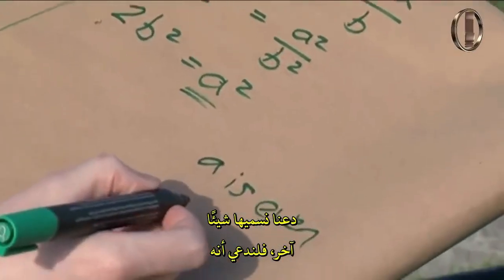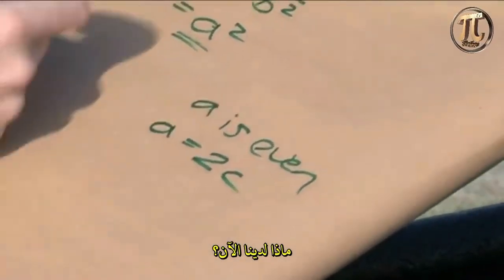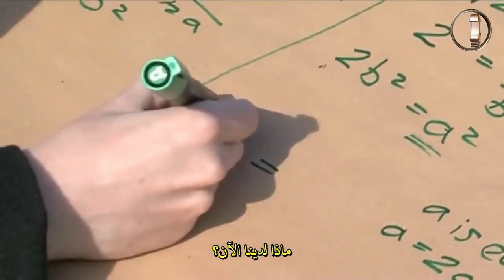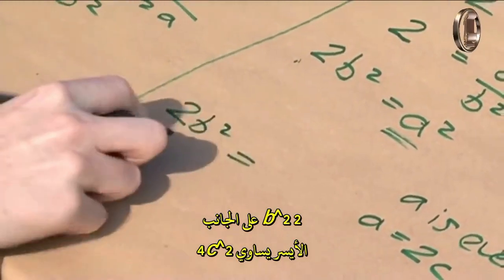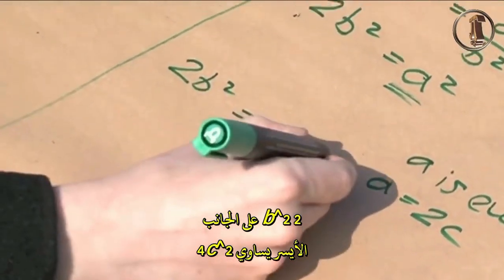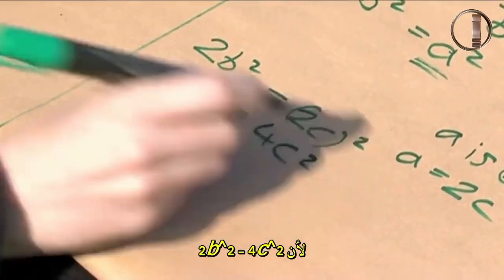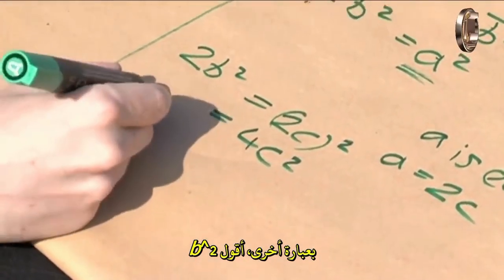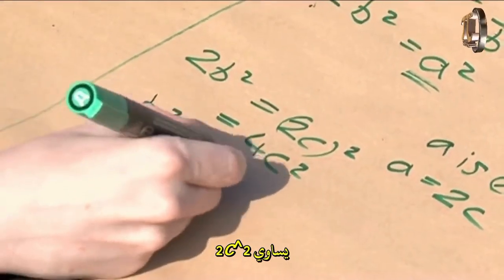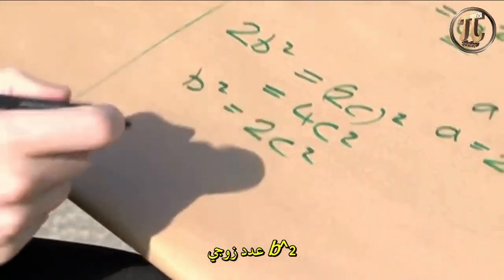So a is even. Let's call it a equals 2 times c. So what do we have now? 2b squared on the left-hand side equals 2 times c, because it's even, squared. This is equal to 4c squared. In other words, I'm saying b squared is equal to 2c squared. Can you see that? b squared is even.